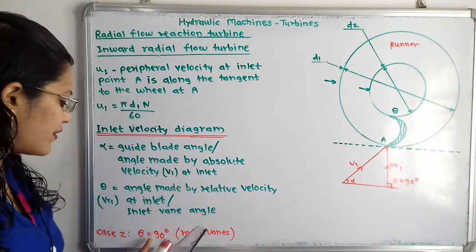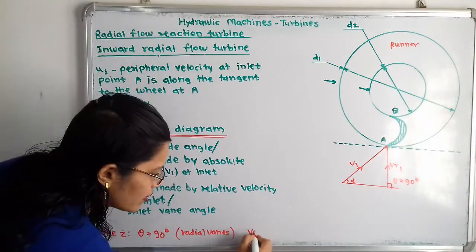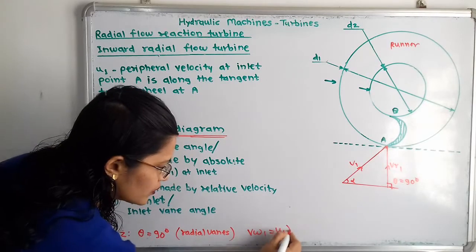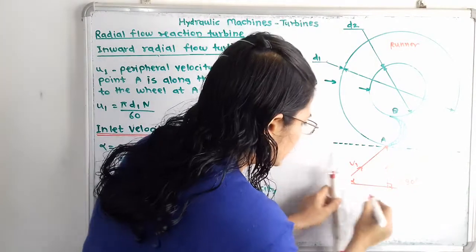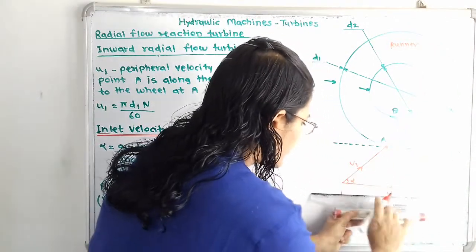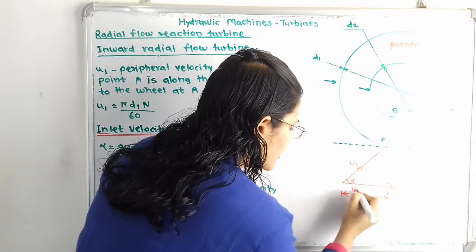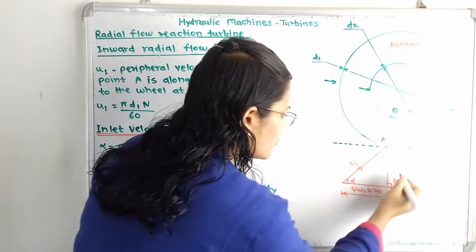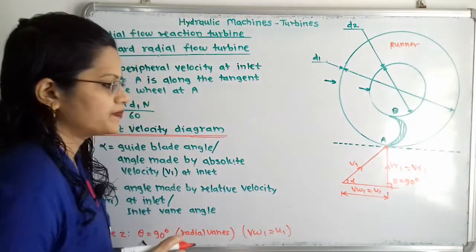So what is happening when theta is equal to 90 degree? In this case, VW1 is equal to U1. So here I will show this total distance, that is VW1 is equal to U1, and this VR1 which is equal to VF1.